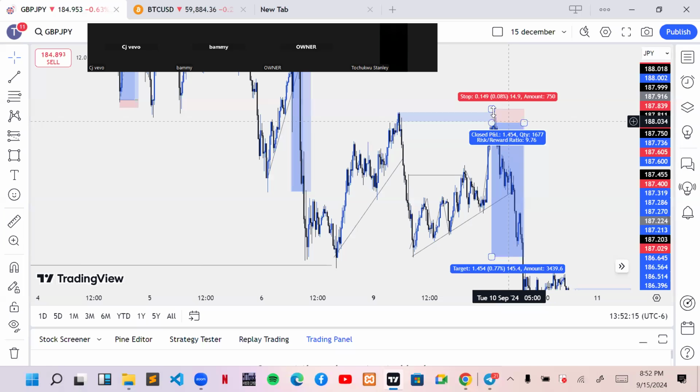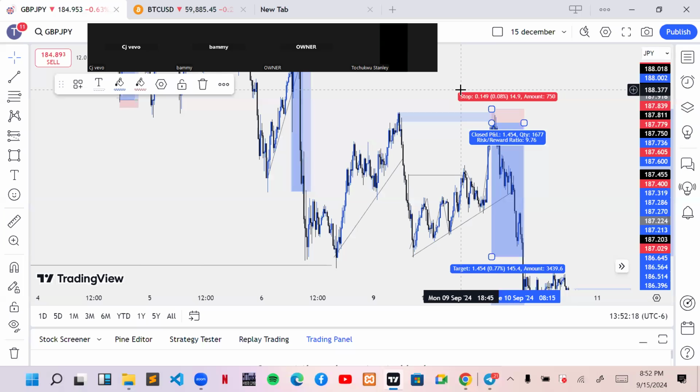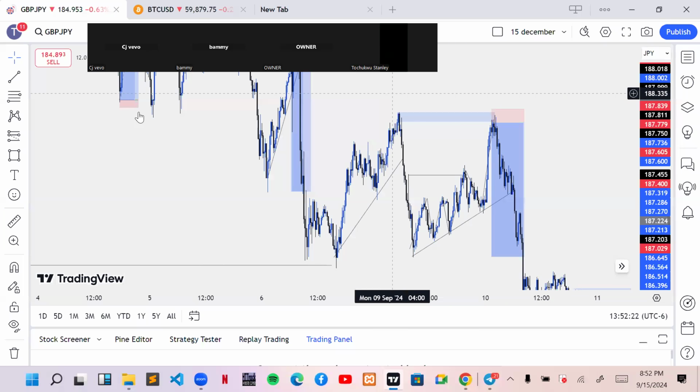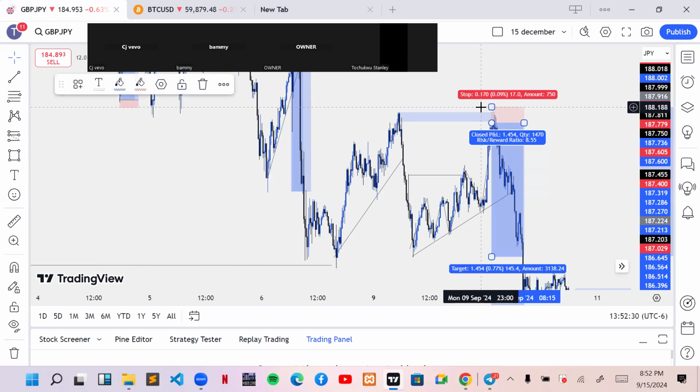Most people will take a trade here and their stop loss will be here. Where are you shooting your stop loss to? You're getting your entry with a specific candle and order block. Your stop loss should just be enough to cover that order block, limiting you to a smaller stop loss. Your stop loss targets where you get your entry from. If you get your entry from an order block, there's no way you should shift your stop loss to 30 pips. Why?